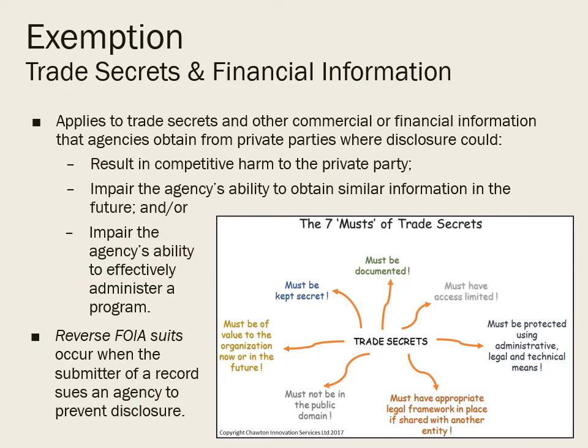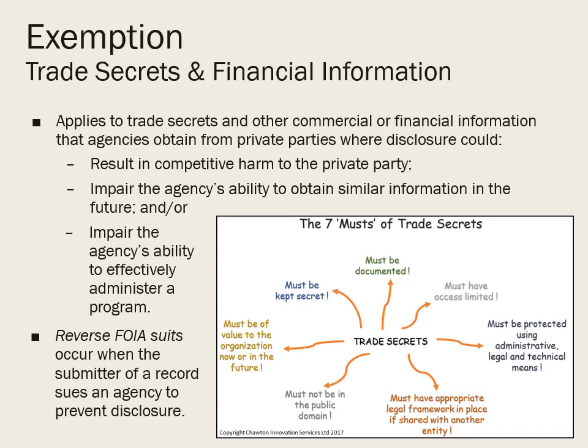There is also a trade secrets and financial information exemption, and it is one of the most frequently invoked exemptions to FOIA. It applies to trade secrets and other proprietary commercial or financial information that agencies obtain from private parties, and that, if disclosed, could result in some type of competitive harm to that party or impair the agency's ability to get the same type of information in the future.